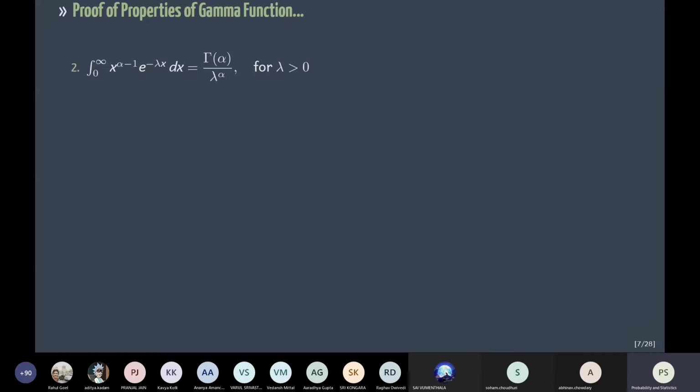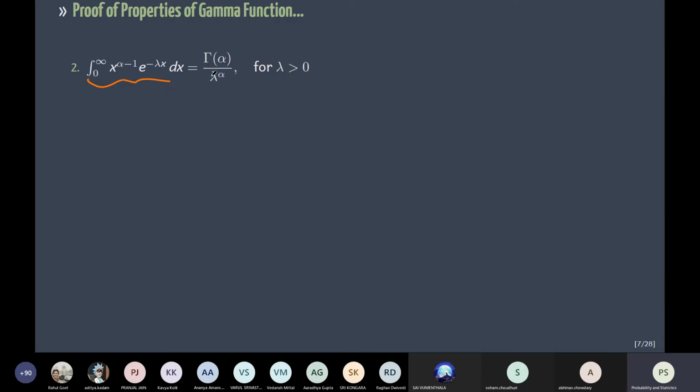Because somehow I have to relate the gamma function. What I'm trying to say is that somewhere there is some gamma function embedded here, up to the scaling of lambda to the alpha, right?